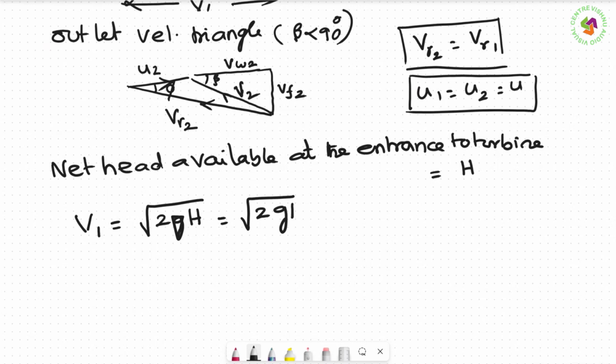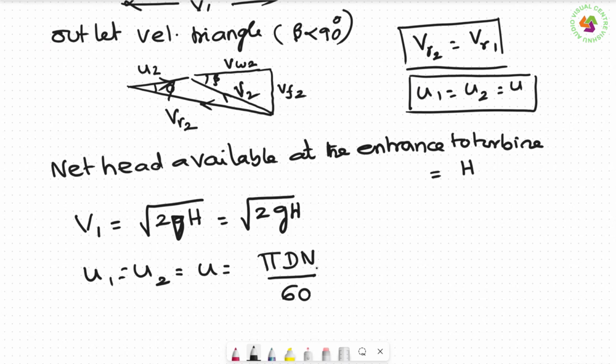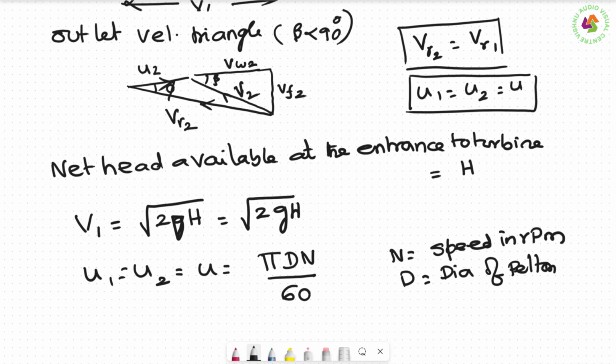Whereas the velocity of the vane U is equal to U1 is equal to U2 is equal to U is equal to pi D N by 60, because the wheel is rotating at a speed N, where N is the speed in RPM, and D is the diameter of the Pelton wheel. The starting point is how to calculate the absolute velocity and the velocity of the vane.